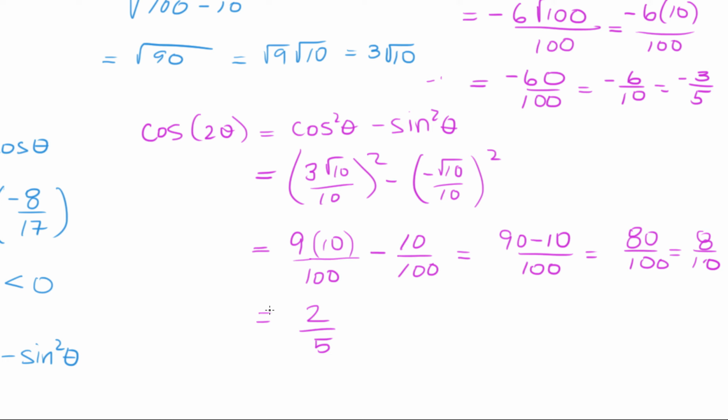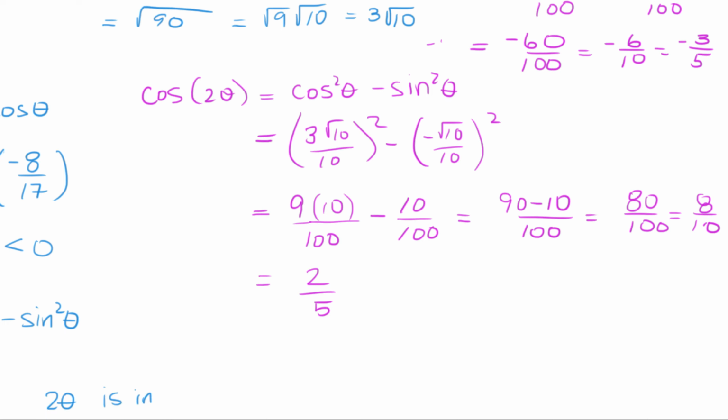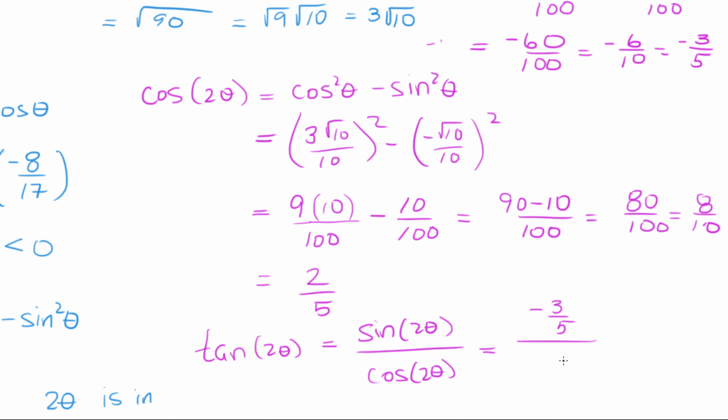Now for tangent of 2 theta, that is the same thing as sine of 2 theta over cosine of 2 theta. Sine of 2 theta is negative 3/5. Cosine of 2 theta is 2/5. We multiply by the reciprocal.